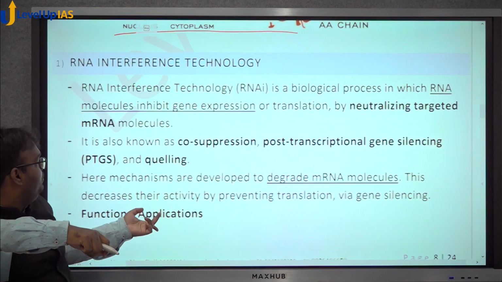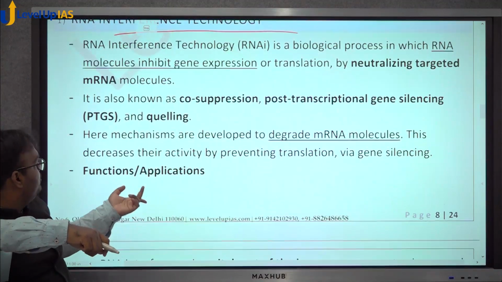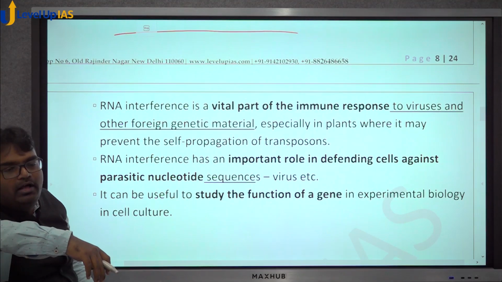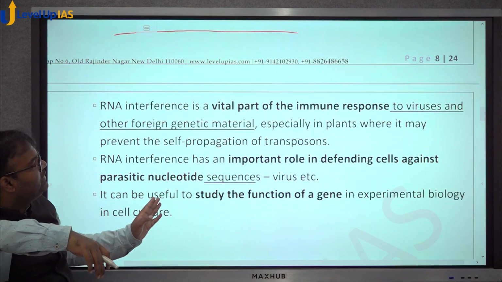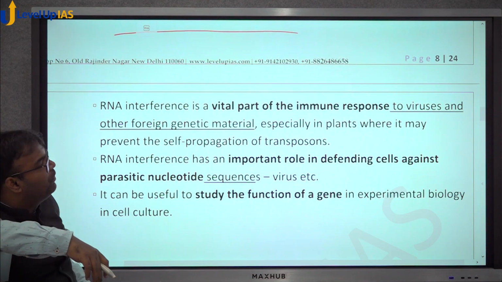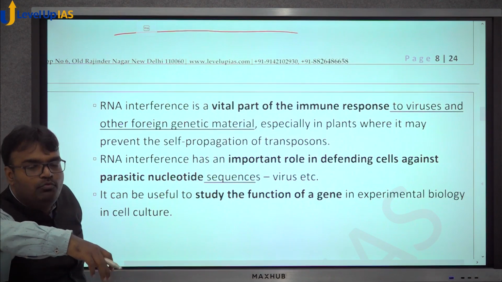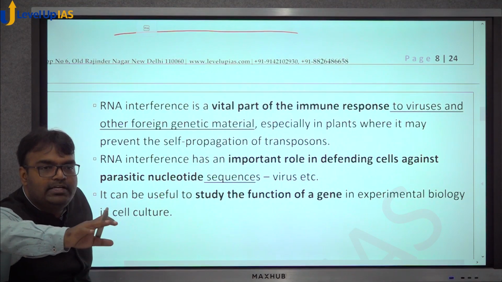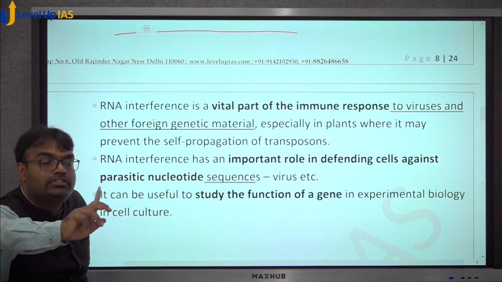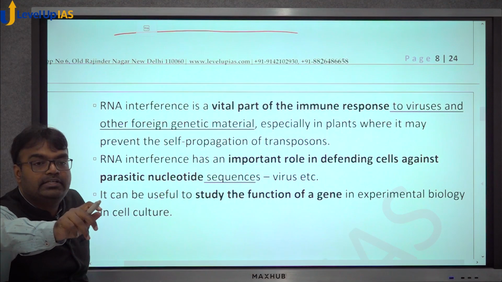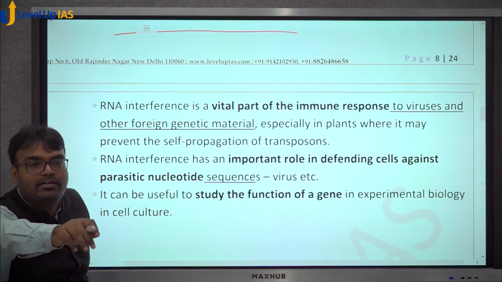Okay, now what are the functions and applications of RNA interference technology? One is that it's a vital part of the immune response to viruses and other foreign genetic material. Understand this. Think of COVID-19 disease. It's caused by which virus? It's an RNA virus.